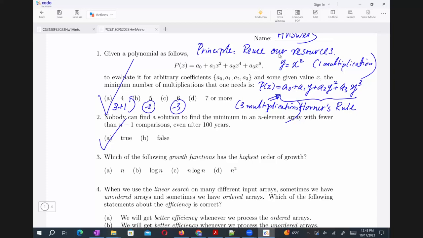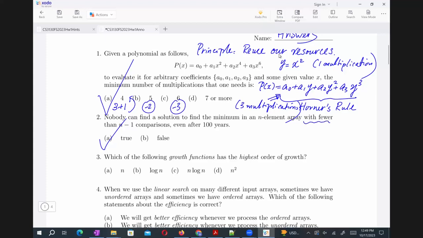If you answer this question just by your intuition, very likely you cannot get a correct answer. Nobody can find a solution to find the minimum in an n-element array with fewer than n minus 1 comparisons.